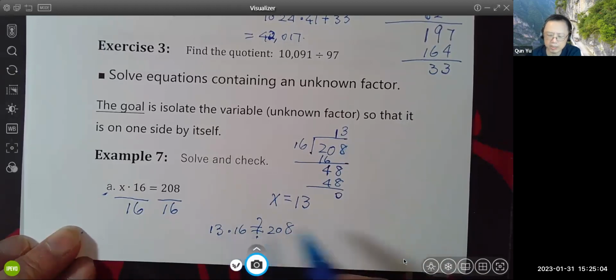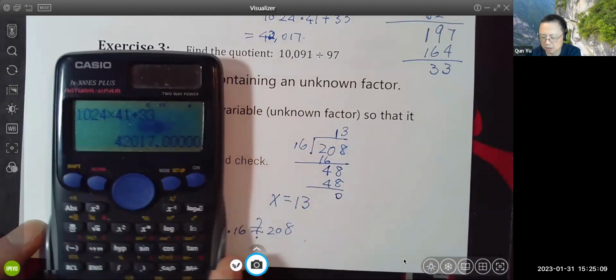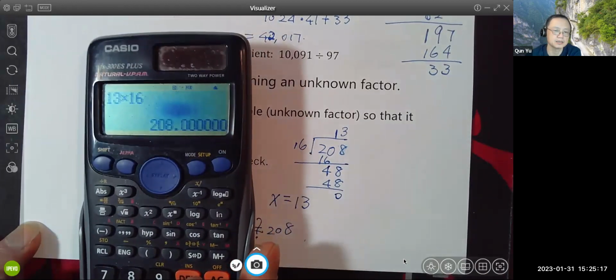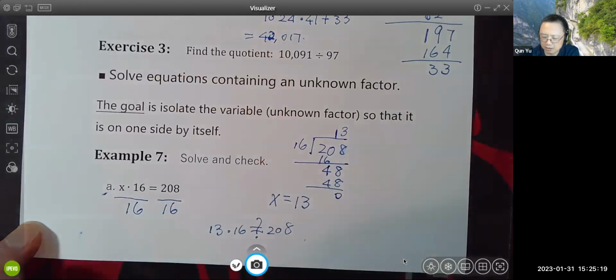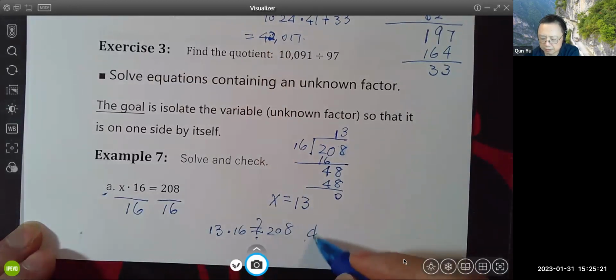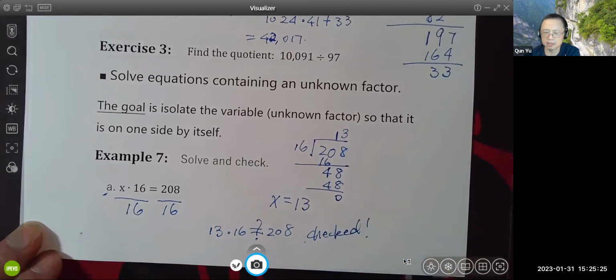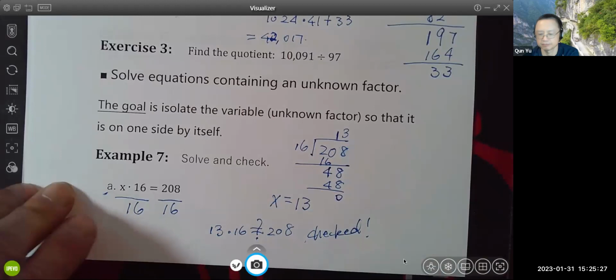If they're equal, my answer is right. So let's just check 13 times 16. What do we get? We get 208. So that's exactly right. So checked. So 13 is our correct answer.